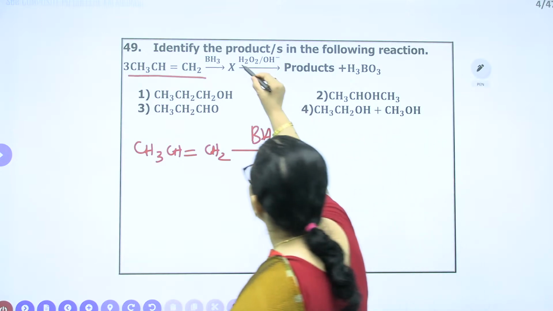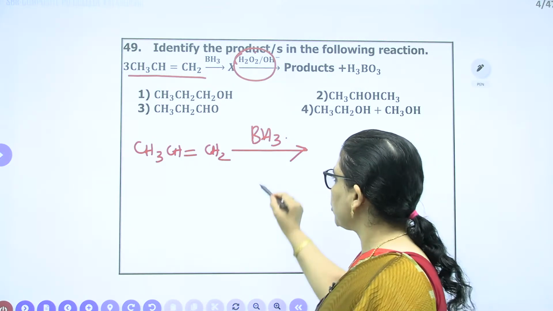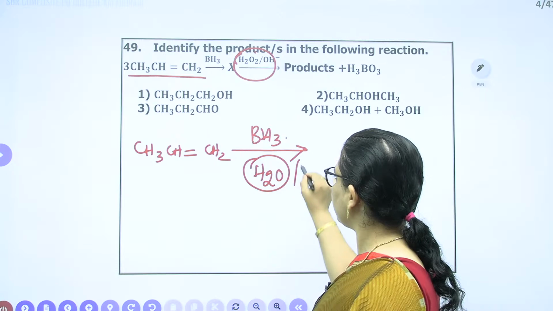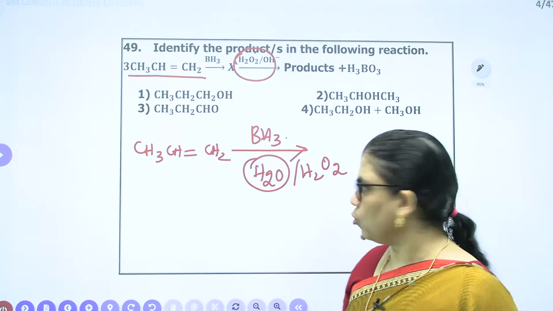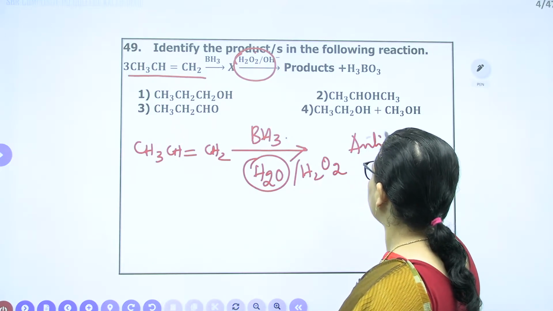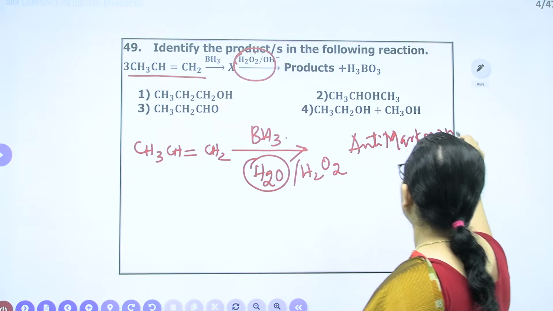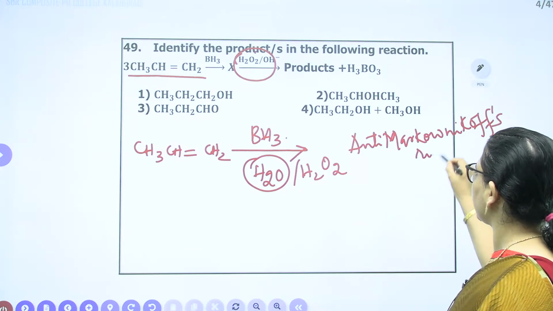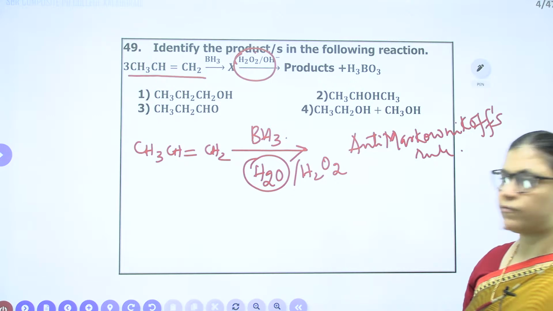Instead of writing the detailed mechanism, the simple way you need to remember is that whenever we are taking H2O2 in presence of OH minus, it means we are adding water, and that means we are going to follow the anti-Markovnikov rule.